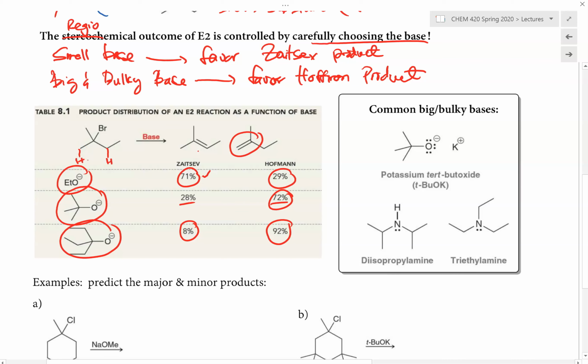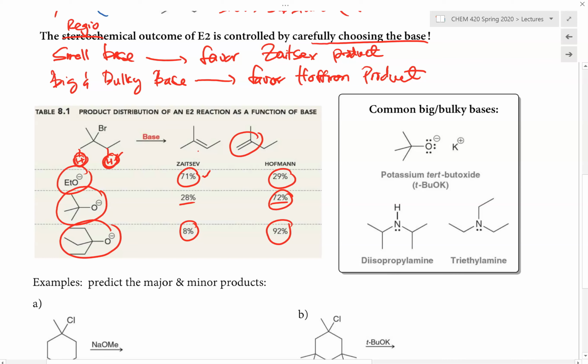So we have no problem picking up this one or this one. But it would prefer to pick up this hydrogen right here, so that it can produce the more stable product, or the Saytzeff product. In the end, the more stable product is favored when there's no selectivity between these two different beta hydrogens.